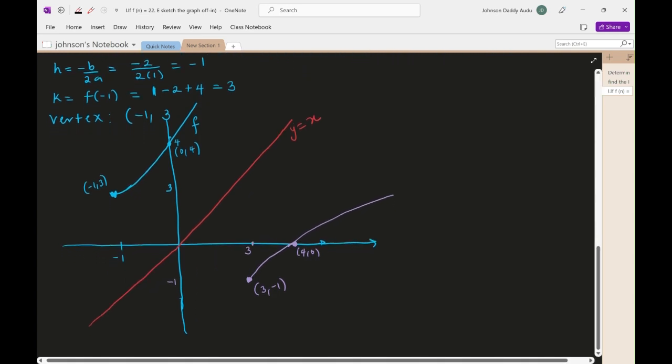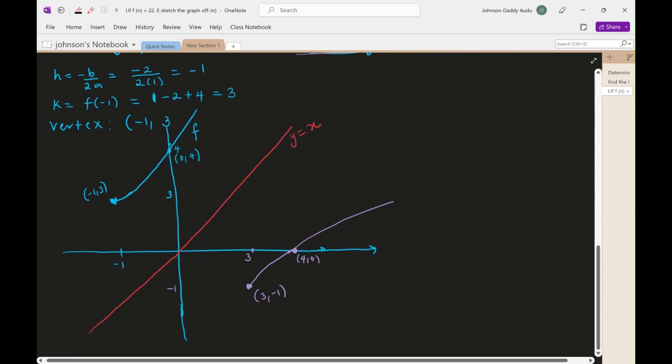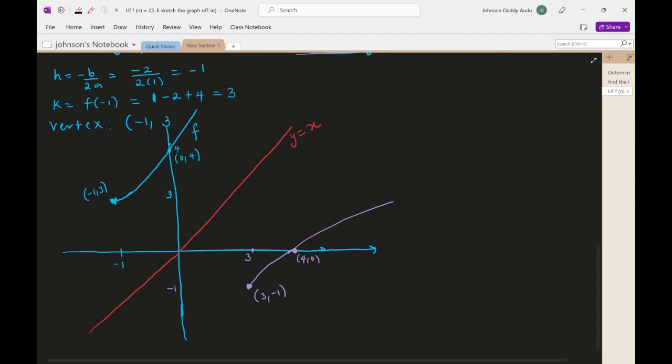So this is the rough sketch of the graph of f inverse. It is not that perfect, but it gives us an idea. The symmetry: the distance from here is supposed to be the distance from here also. Now, this is the graph of f inverse.